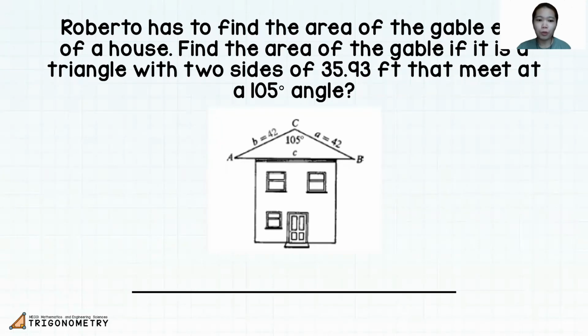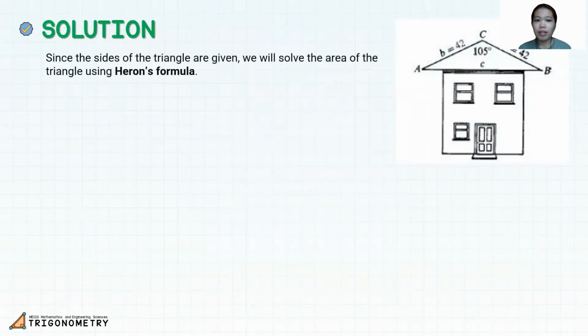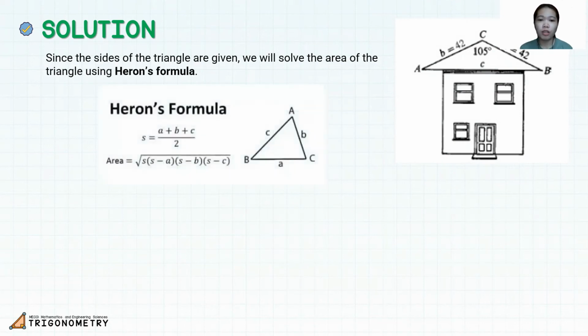So to find the area of the gable, since the sides of the triangle are given, we will solve the area of the triangle using Heron's formula. Heron's formula is presented as the square root of s times s minus a times s minus b times s minus c.